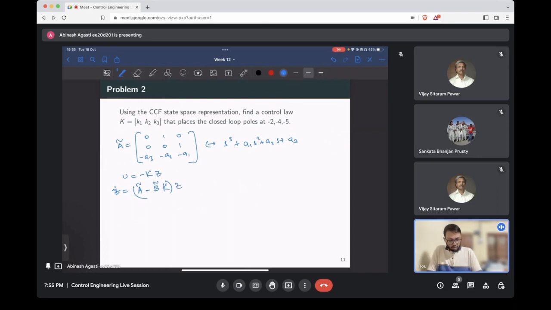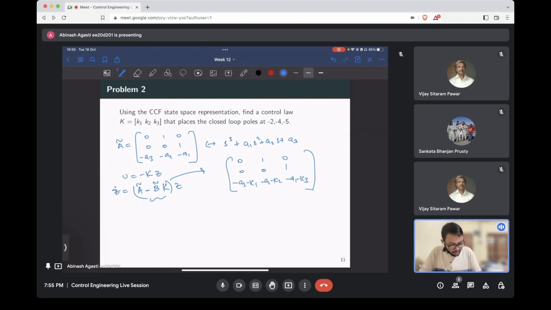So what do we want to find out? We want to find the desired K. Now let's see what this thing is. This thing is of the form 0 1 0, 0 0 1, minus a3 minus k1, minus a2 minus k2, minus a1 minus k3. Okay, this thing.